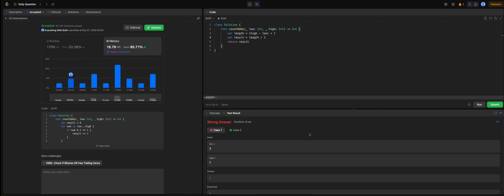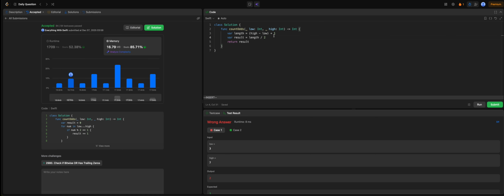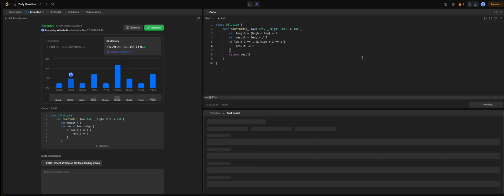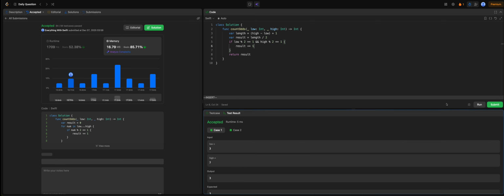Alright, so that is where the special case really comes in. If it is odd and odd for the high and low, we need to plus 1. So we can simply do it by, if low modulo 2 is 1 and high modulo 2 is also 1, we plus equal to the result, which will make the time complexity O of 1 and the space complexity O of 1.